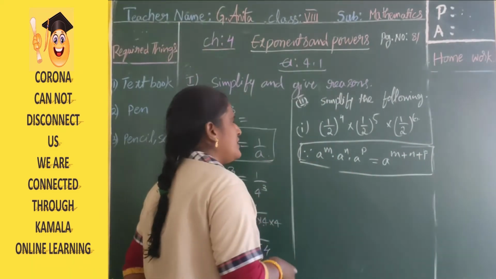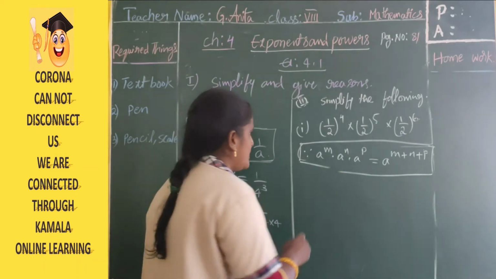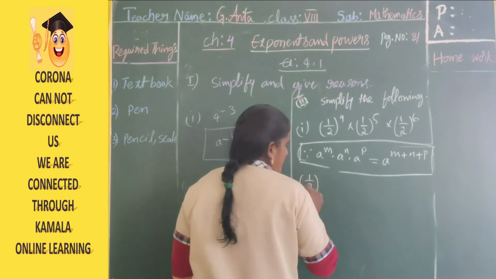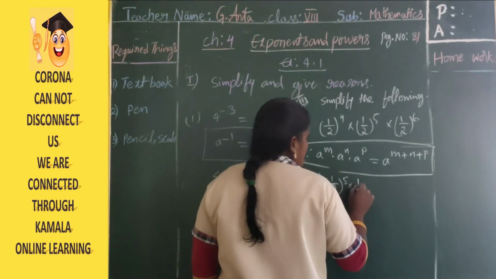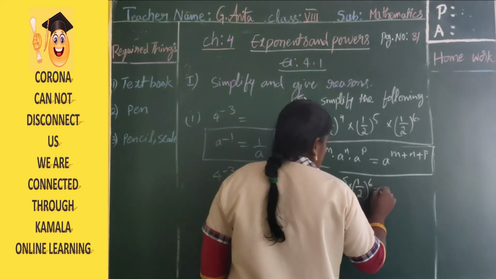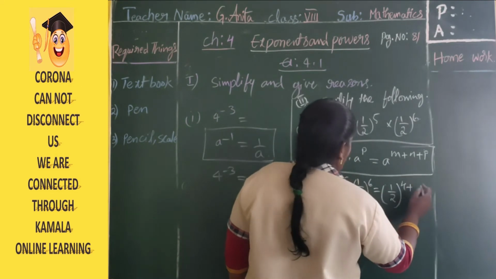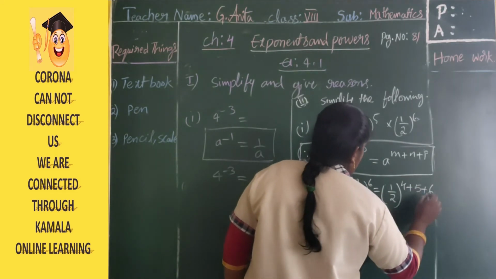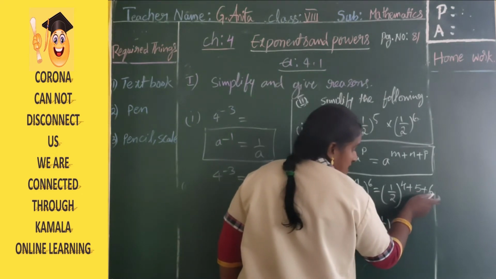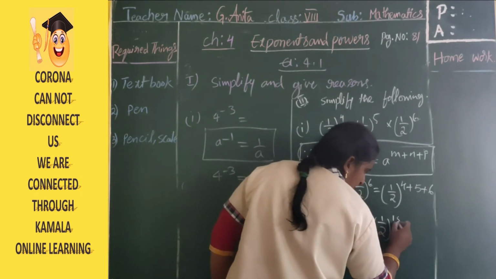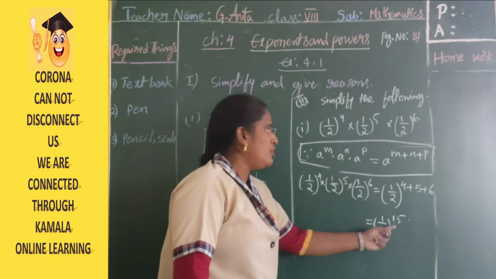So (1/2)^4 into (1/2)^5 into (1/2)^6 should be equal to (1/2)^(4+5+6). 4 plus 5 is 9, plus 6 is 15. So (1/2)^15. Your answer is (1/2)^15.